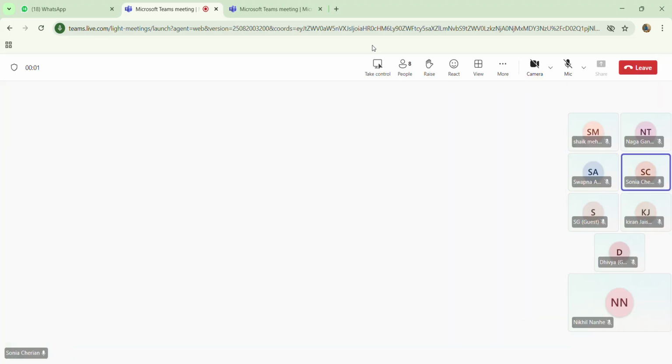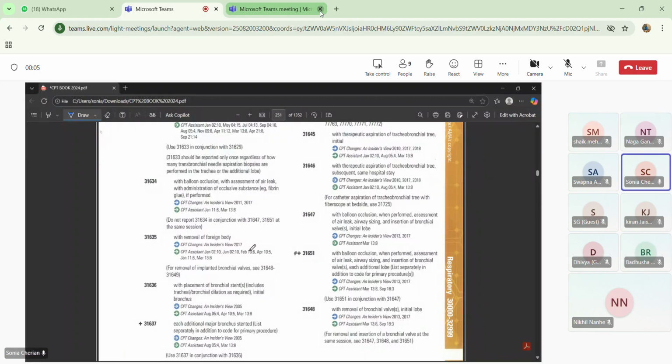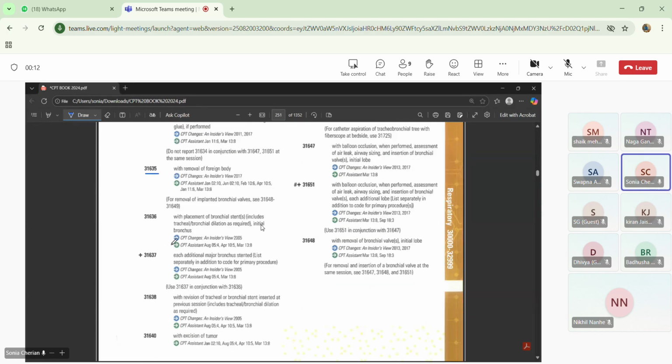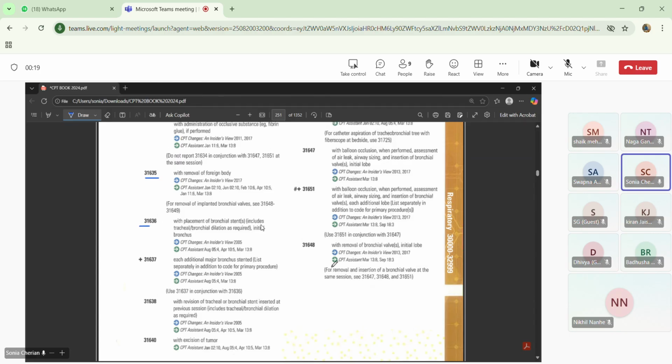Check whether it is a biopsy, just a biopsy, or a needle biopsy. Okay. So if they are removing any foreign bodies, then your CPT is 31635. If they are placing any bronchial stent, then your CPT is 31636.